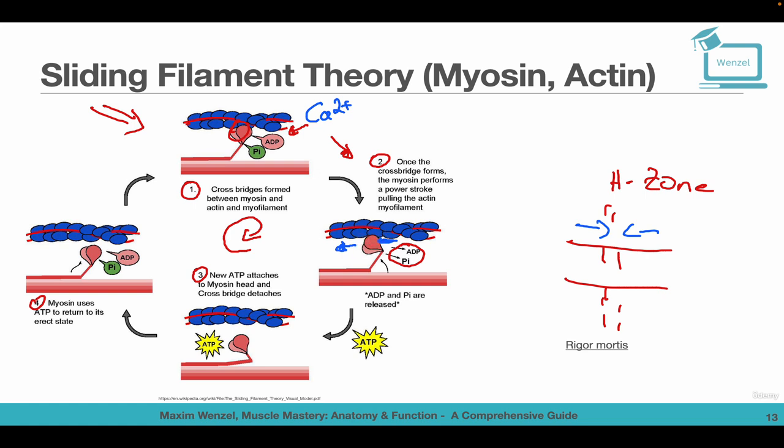But you will need a new ATP, a new energy molecule, as we'll see here, to release the myosin from the actin. So you will need one ATP to perform the contraction, and you will need another ATP to release the myosin from the actin.